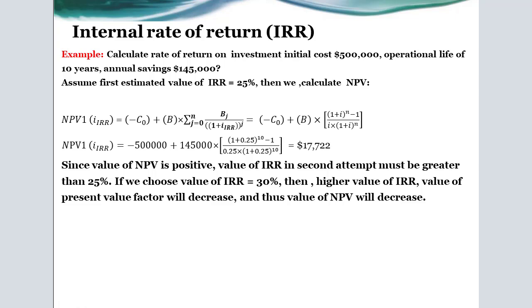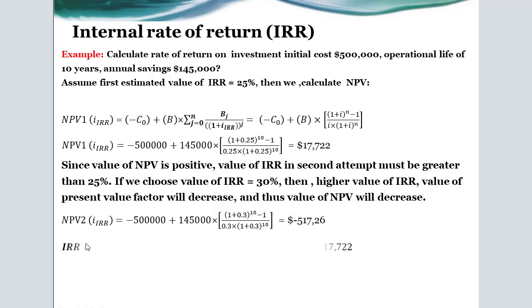As we see, when we assume in the second trial that IRR will be 30 and substitute in this equation, we get a negative value of net present value in case 2, or in iteration 2.